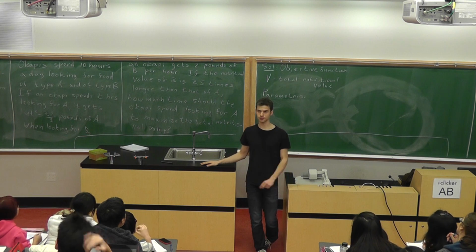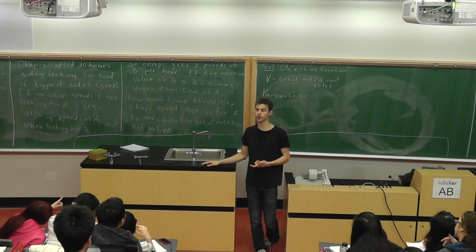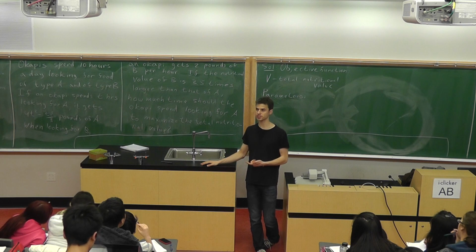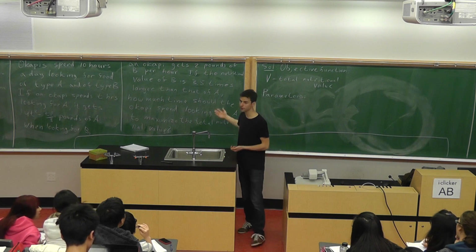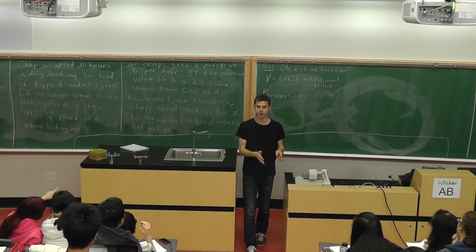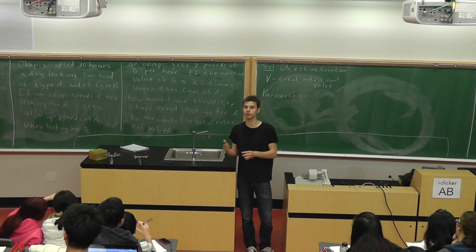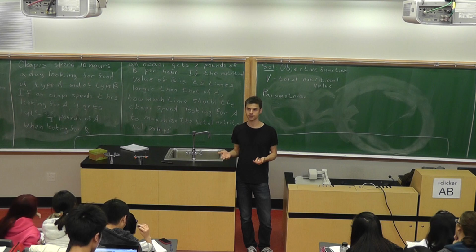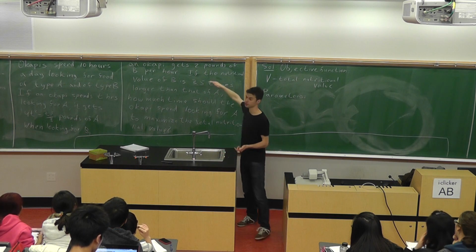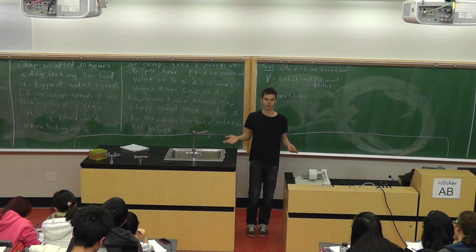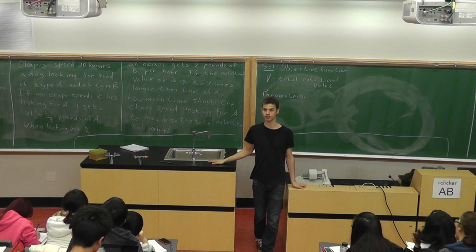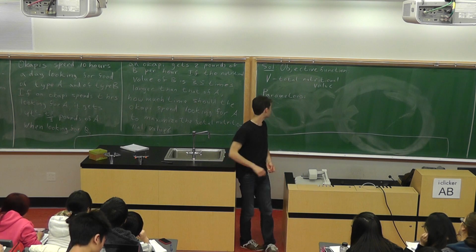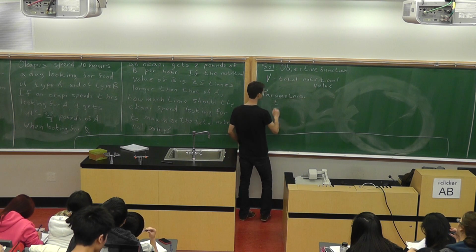So the parameters are those things which we are allowed to change. In this case, we are allowed to tell the akapi to look so many hours for food of type A and so many hours for food of type B. And that's basically all the freedom that we have. We can't influence the nutritional value of B, we can't influence more or less anything else. So let's say there are two parameters which are important.